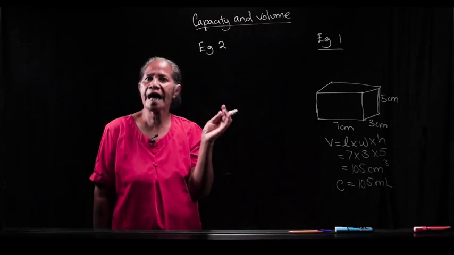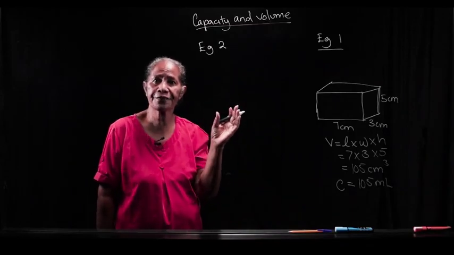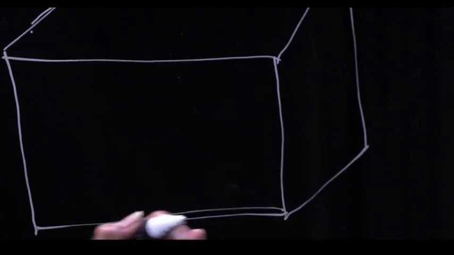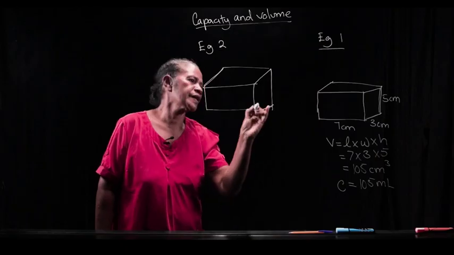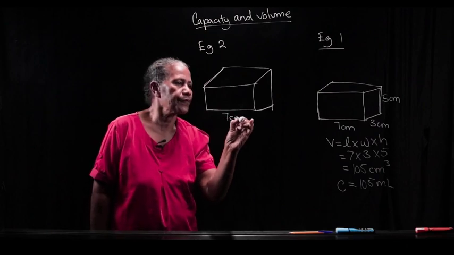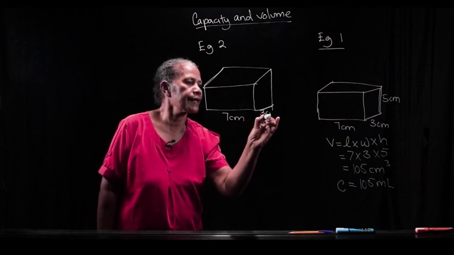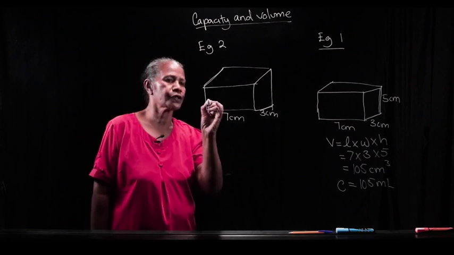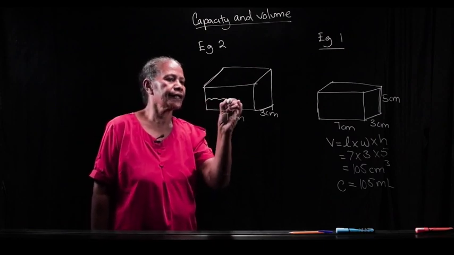We are still going to use the same tank, but this time the tank will be half full. So this is our tank again. The measurements are the same, 7 centimeters by 3 centimeters. But as I've stated, the tank has been half used, so let's indicate that.